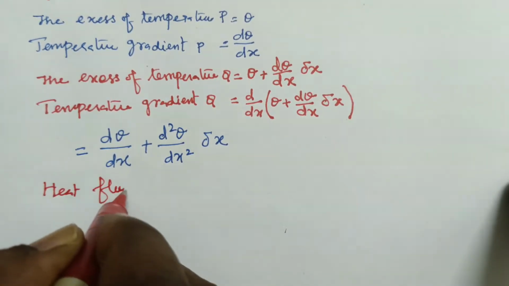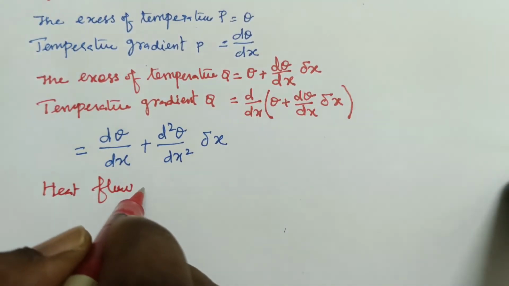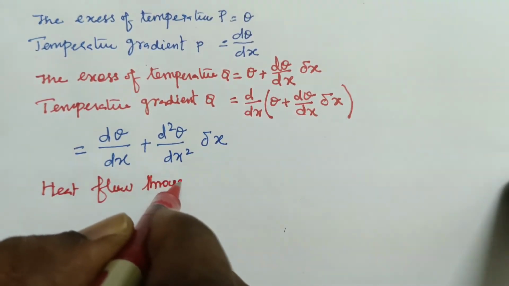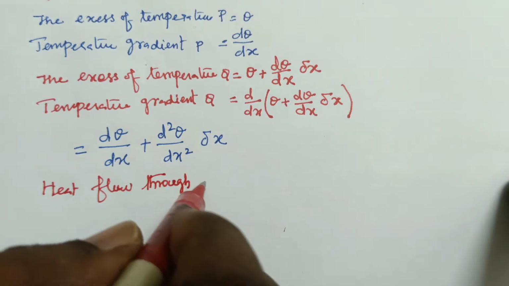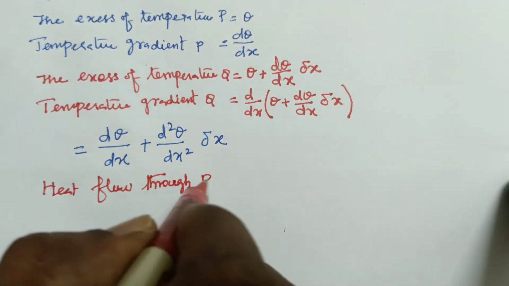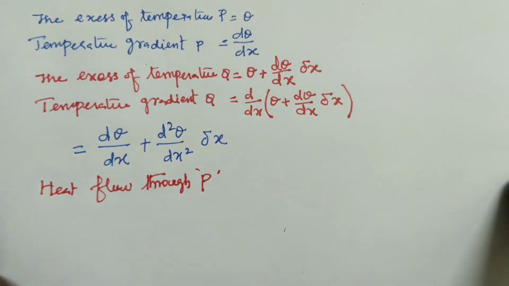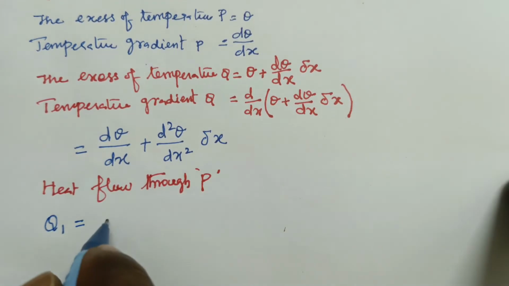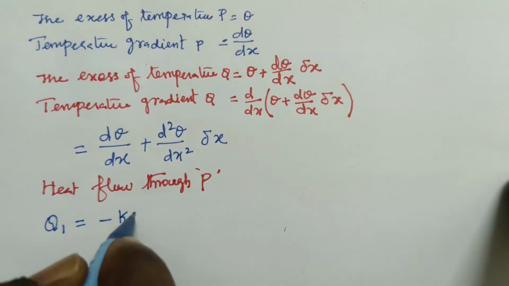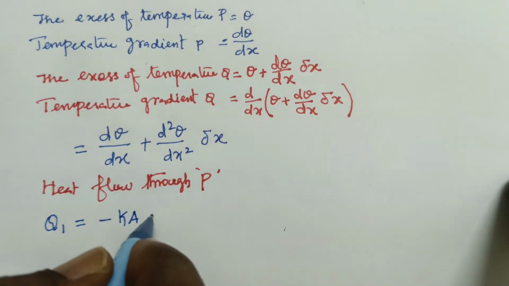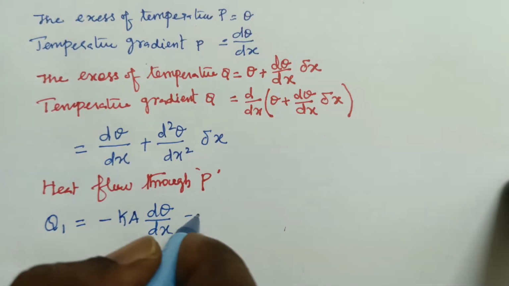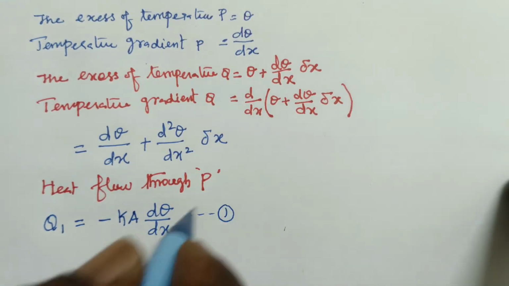Heat flow through P, it is considered Q1. Q1 is equal to minus Ka d theta by dx. This is equation number 1.